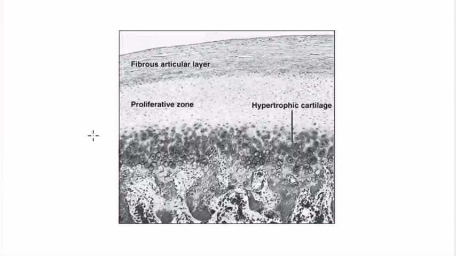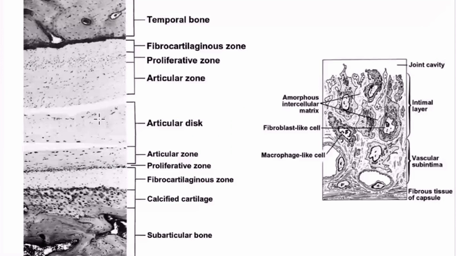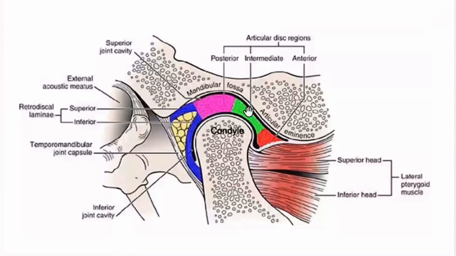The core of the disc, the middle portion, is the thinnest part of the disc, the intermediate, and the core means the nucleus, the innermost part. It has more rounded cells, more hyaluronic acid, and more collagen 2 fibers.